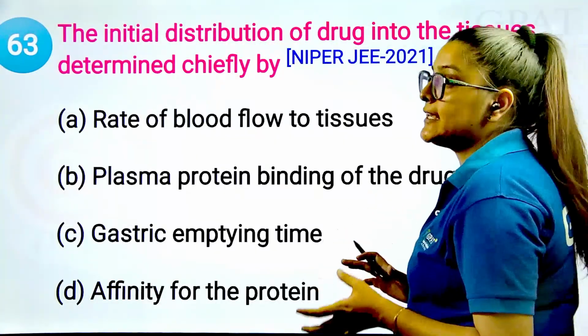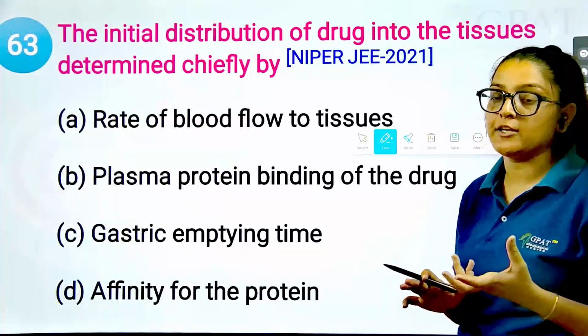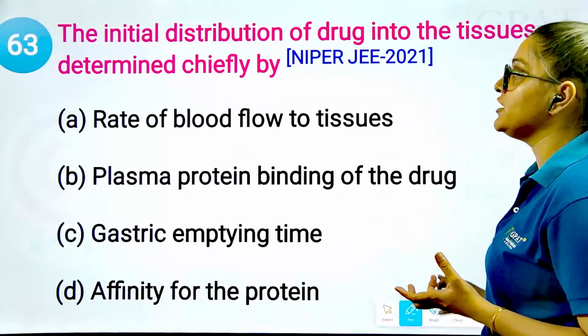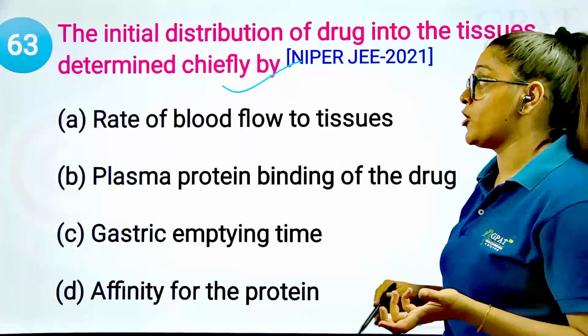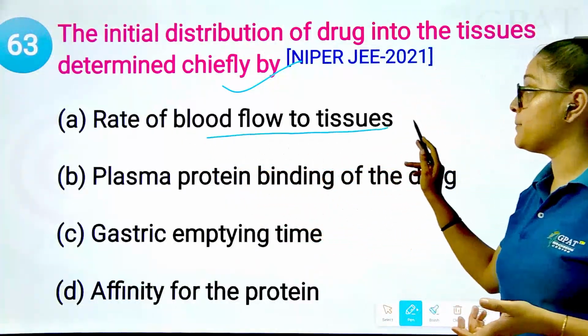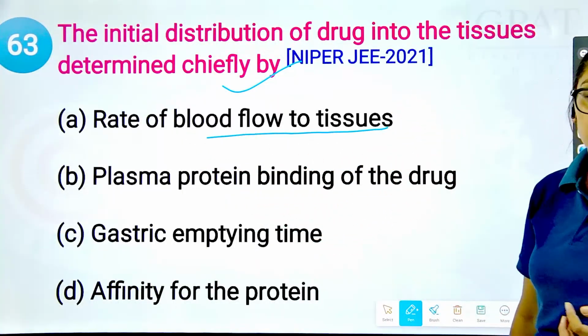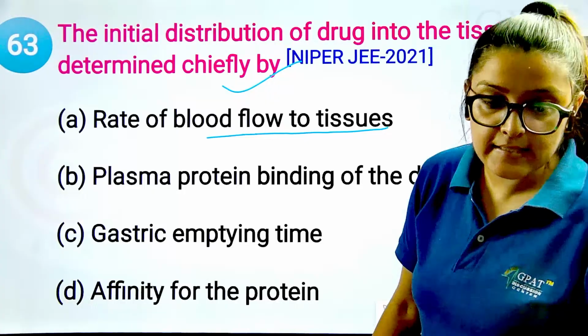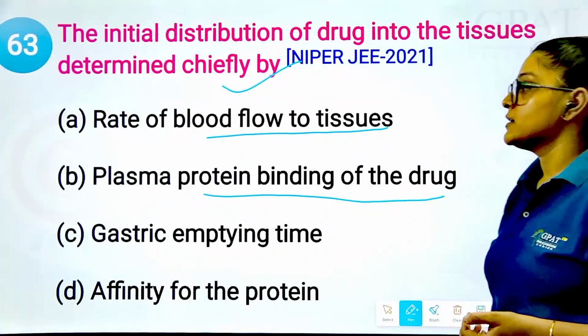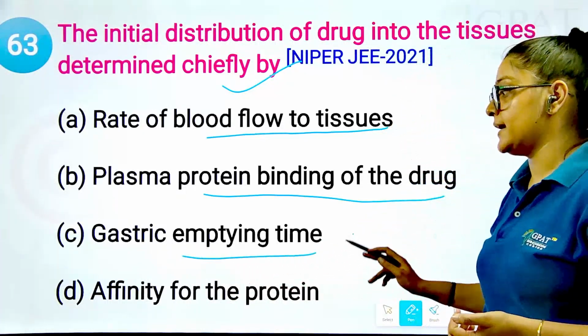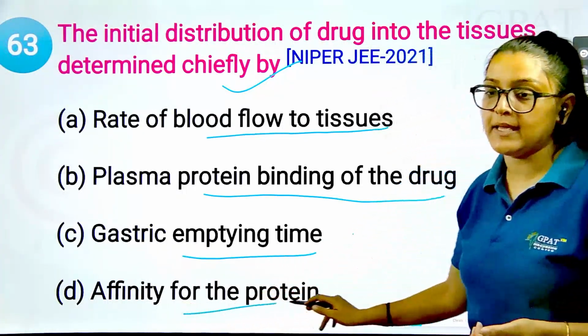Next, the initial distribution of drug into the tissues is chiefly determined by the rate of the blood flow into the tissues. The other options are the plasma protein binding of the drug, the gastric emptying rate or the affinity for the protein.